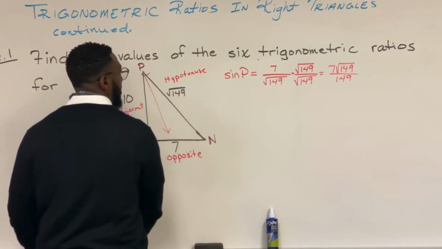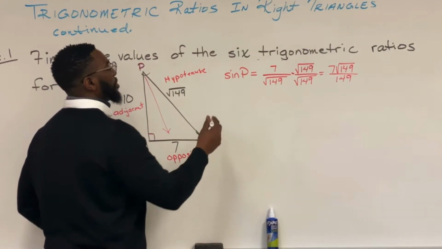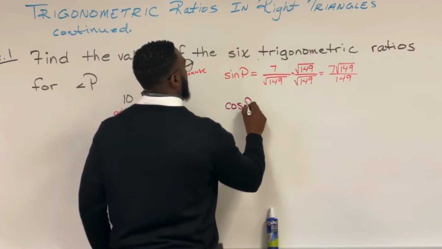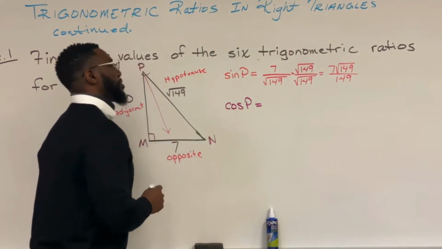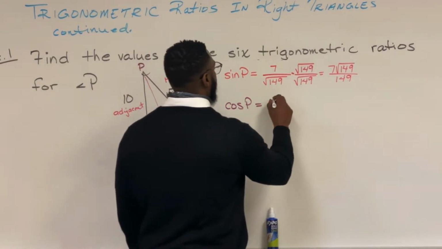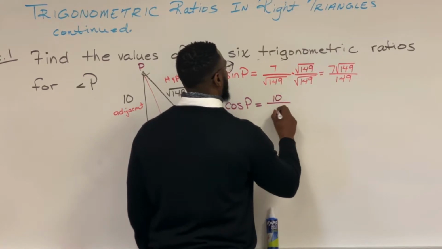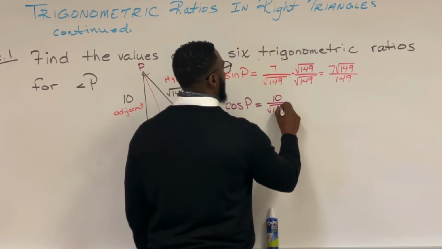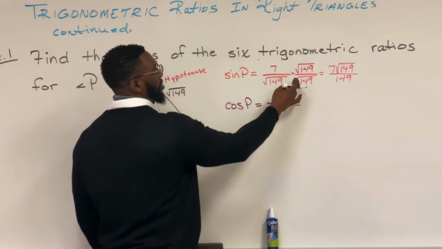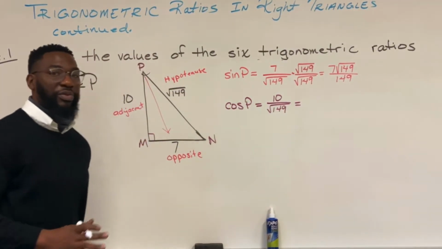Next, we have the cosine. Cosine of P is adjacent over hypotenuse. So that would be 10 over the square root of 149. We know what we have to do to this part, so we don't have to write that all over again.